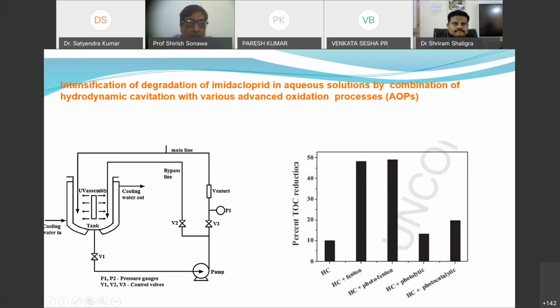So it is very interesting that nanoparticles we can utilize in the advanced oxidation process along with a hybrid methodology to degrade the organic contents. Okay.